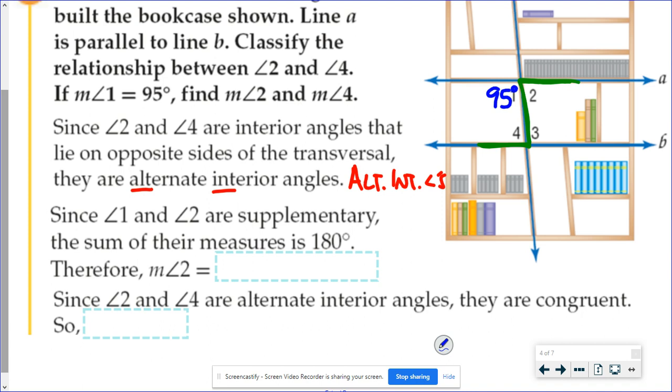Well, angle 2, because these two make a straight line right here, 95 plus what number would give me 180 degrees? That would have to be 85 degrees. And if angle 2 is 85 degrees, this angle that's alternate interior would also be 85 degrees.